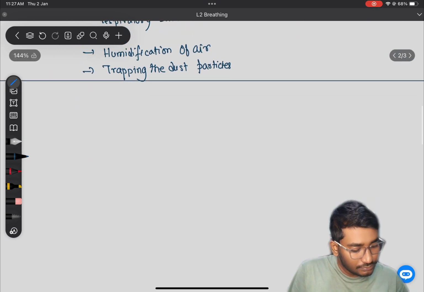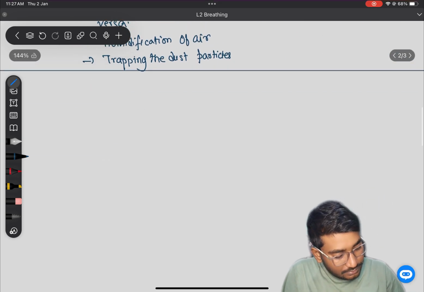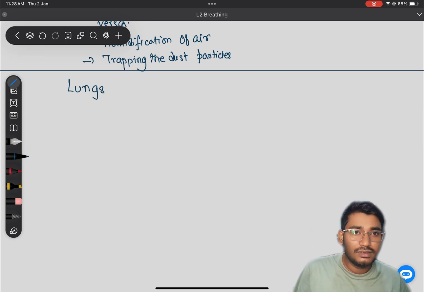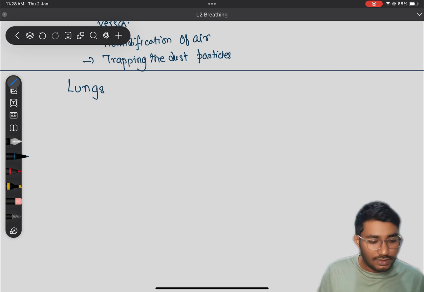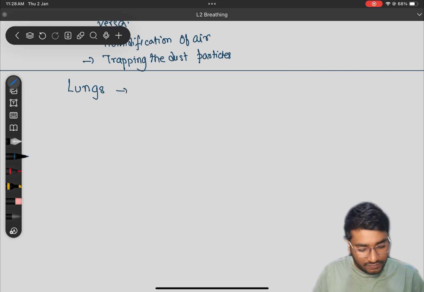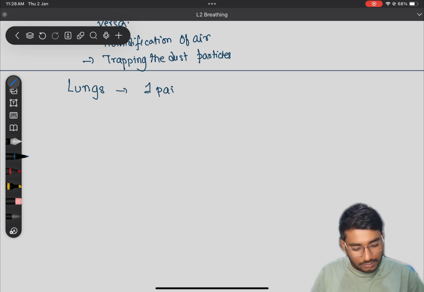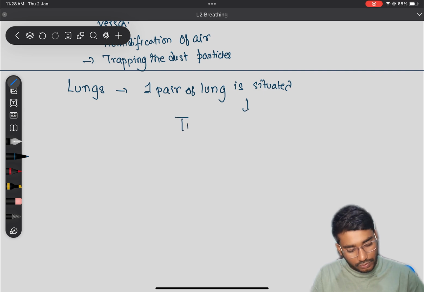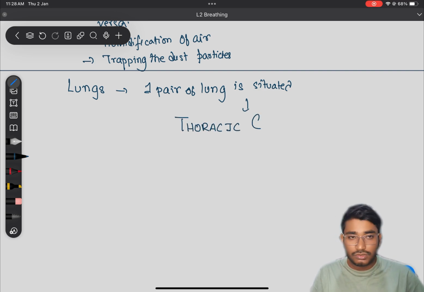Okay, so come to lungs. One pair of lungs is situated in the thoracic chamber, not Jurassic chamber, it's thoracic chamber.